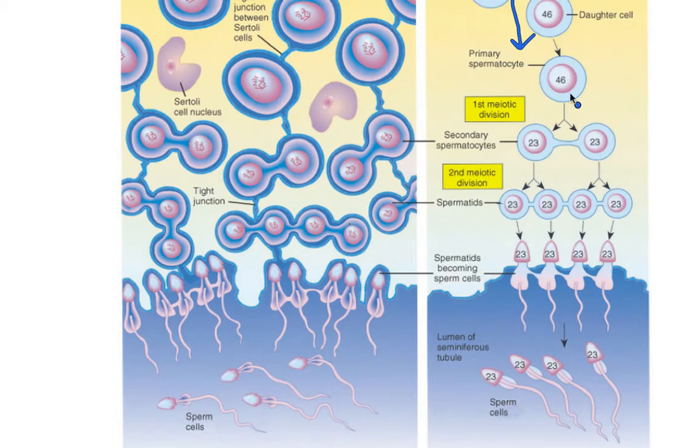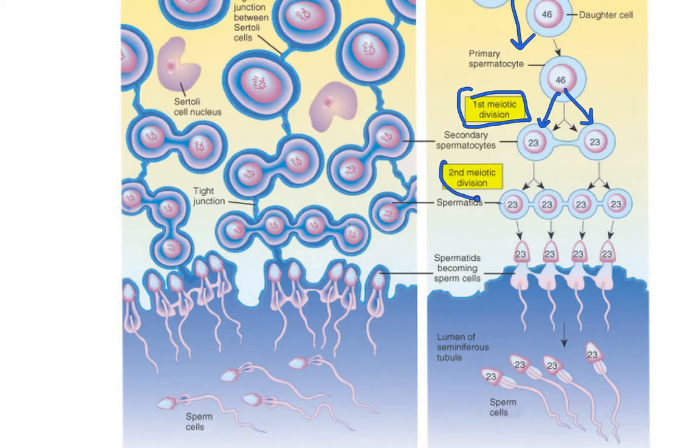And if you're a primary spermatocyte, what you're going to do is go through meiosis. Now, meiosis occurs in 2 rounds. The first round is a reductional division, which means that the diploid number of 46 chromosomes gets cut in half to 2 cells with 23 chromosomes.